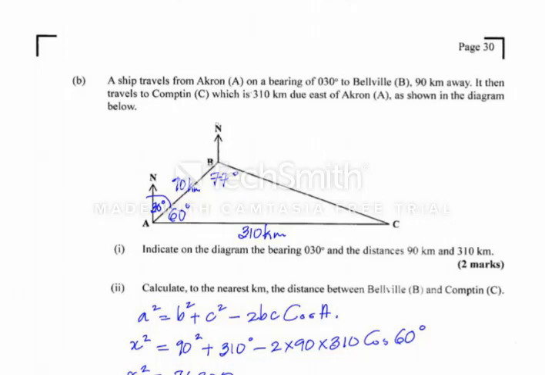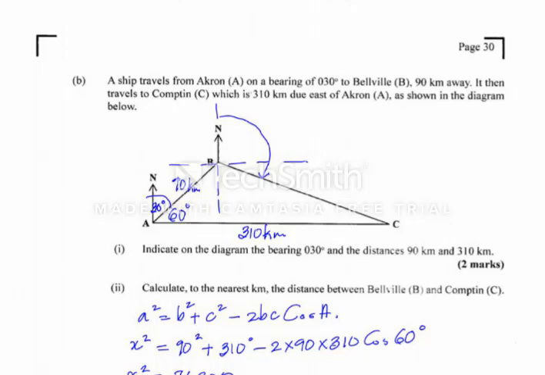So we're doing the bearing from here. We're measuring bearing from Belleville. And bearing is measured clockwise from north. So I'll start from north, and we'll go around from north to the line that connects.